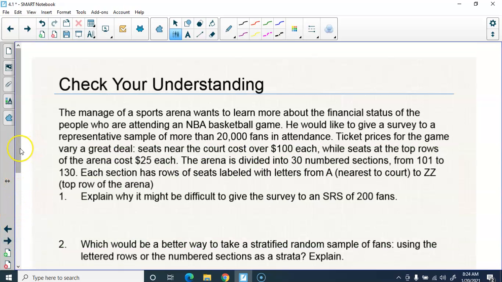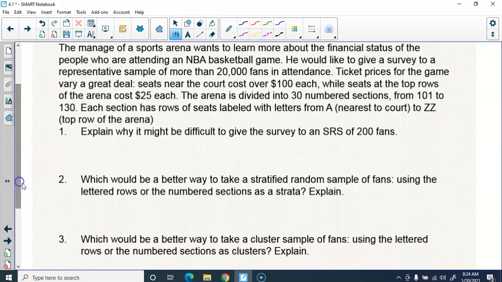So let's look at a couple examples here to be able to properly identify the difference between stratified and cluster, because they are pretty similar, so understanding that difference is important. The manager of a sports arena wants to learn more about the financial status of the people who are attending an NBA basketball game. He would like to give a survey to a representative sample of more than 20,000 fans in attendance.